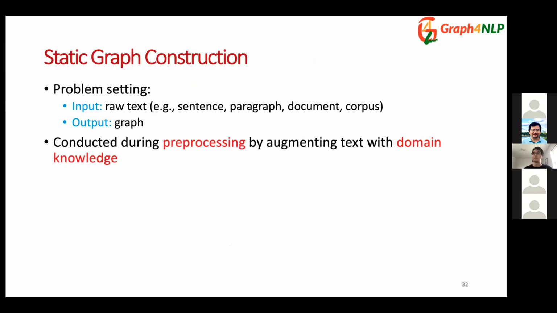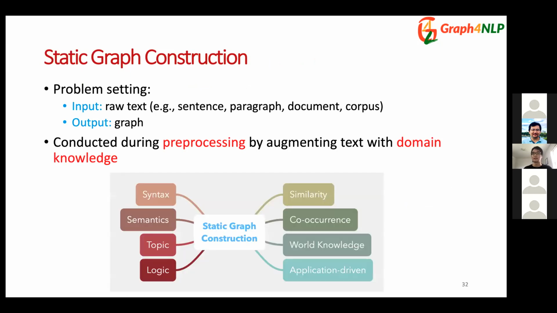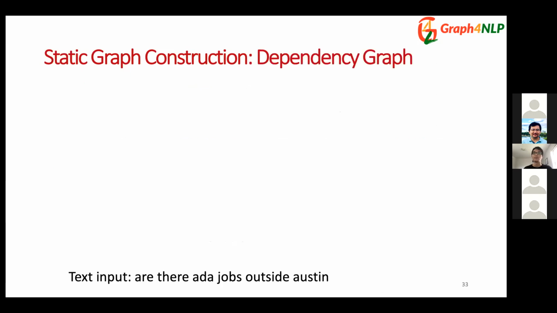It aims to convert raw text to a graph, where the text can be a sentence, paragraph, document, corpus, and so on. It's usually conducted during the pre-processing stage by augmenting the raw text with various domain knowledge, including syntax, semantics, topics, co-occurrence, world knowledge, and so on. Many of them are actually quite application driven.